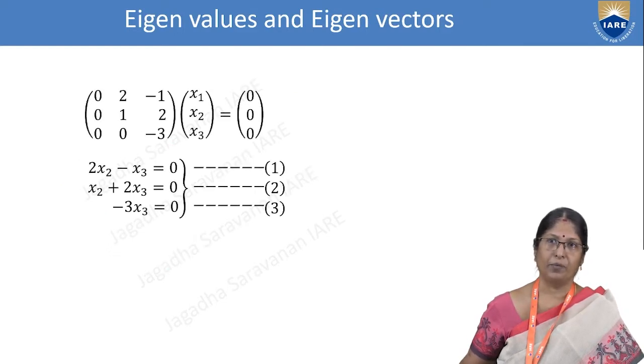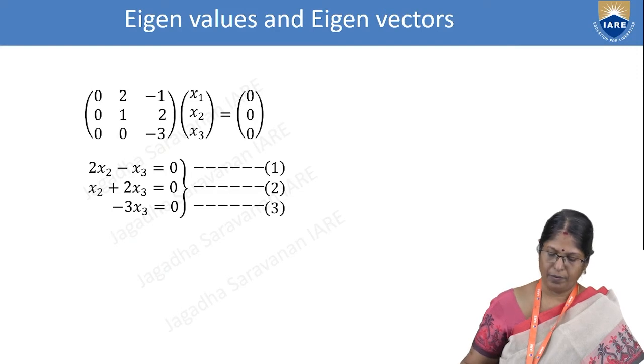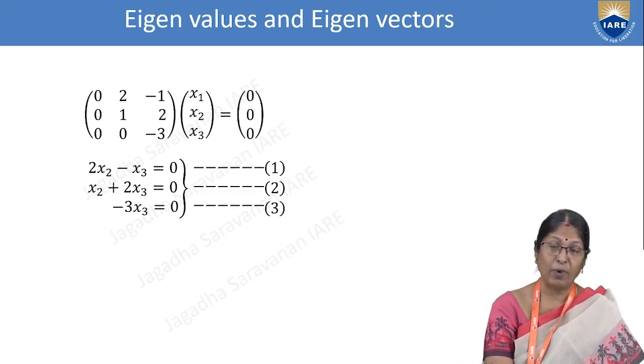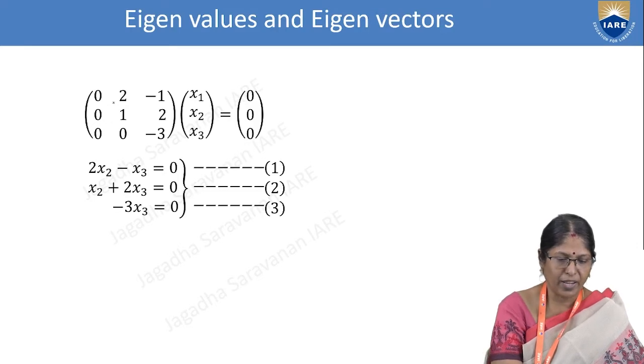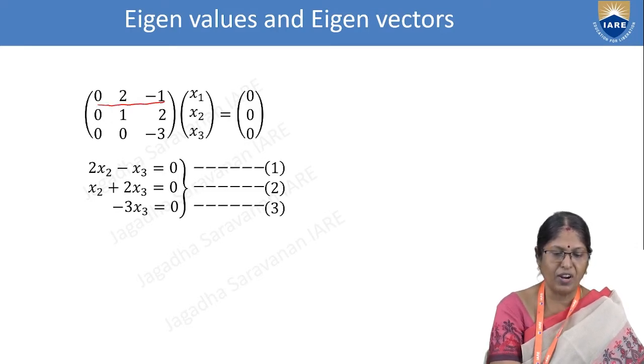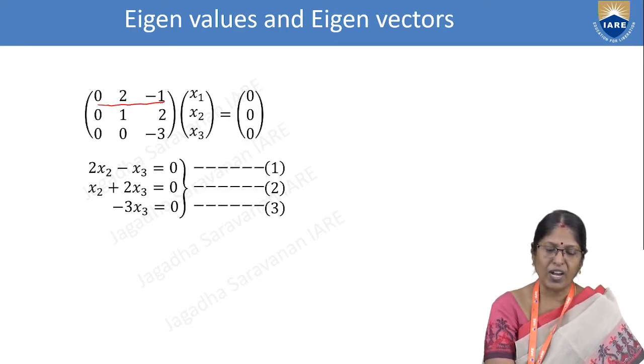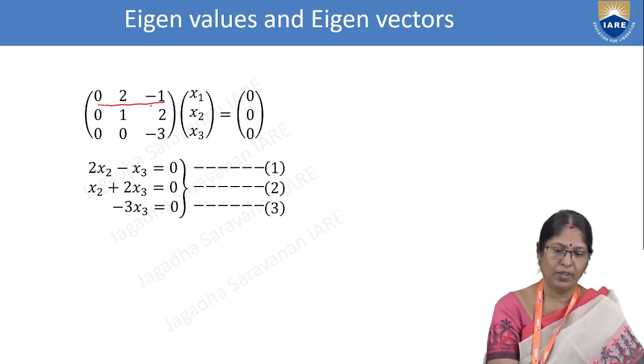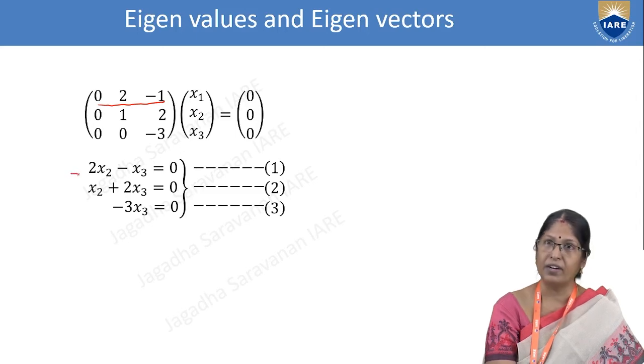Now you can see here, we have to do the multiplication. In the multiplication, for the first matrix we always concentrate on the row, and for the second matrix the column. So 0 into x1 is 0, which is the reason it is not written.